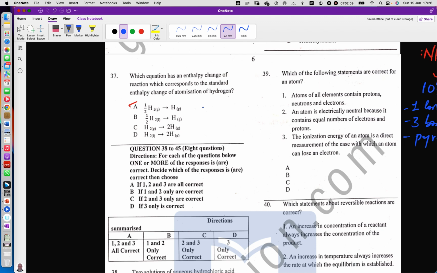That is wonderful. 2, an atom is electrically neutral because it contains equal number of electrons and protons. That is also right. 3, the ionization energy of an atom is a direct measure of the ease with which an atom can lose an electron.